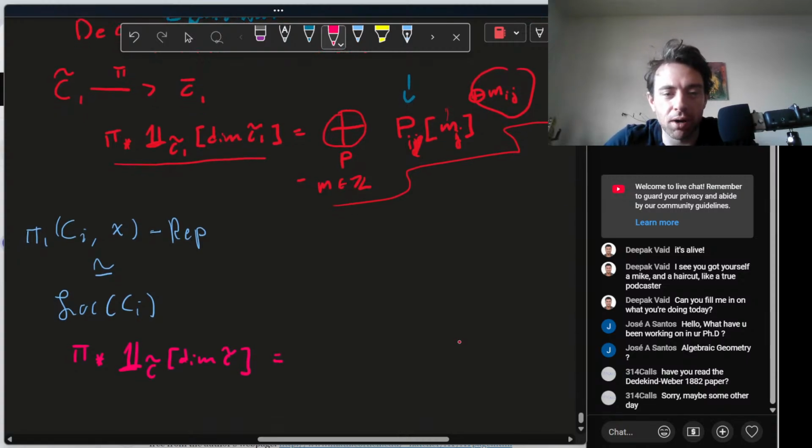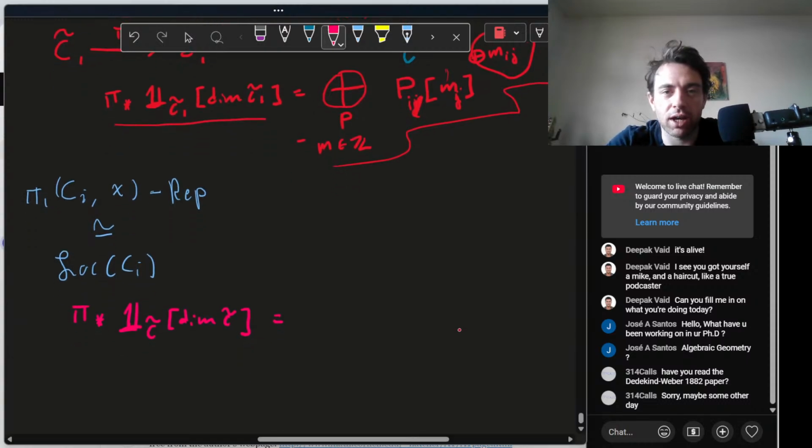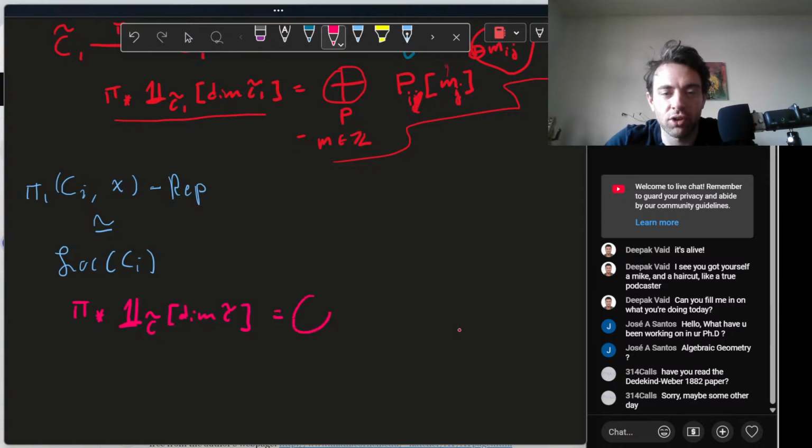But the point is this. We're going to have a bunch of shifts. So it'll be the ICs ranging over the ICs of C_i, where we'll just be taking the constant sheaf on that orbit.